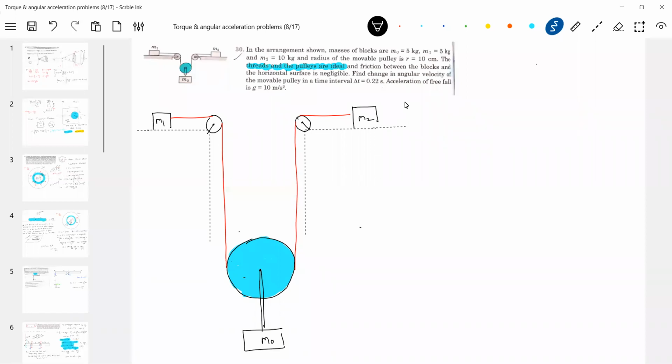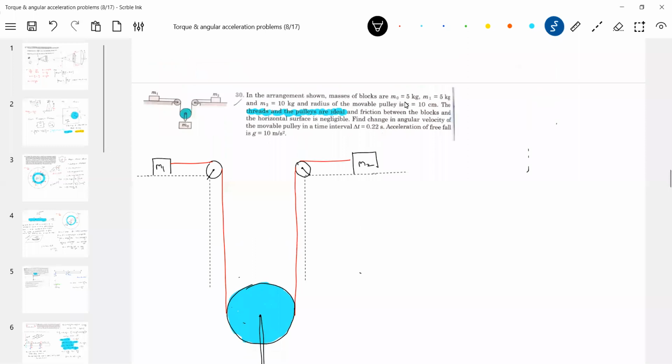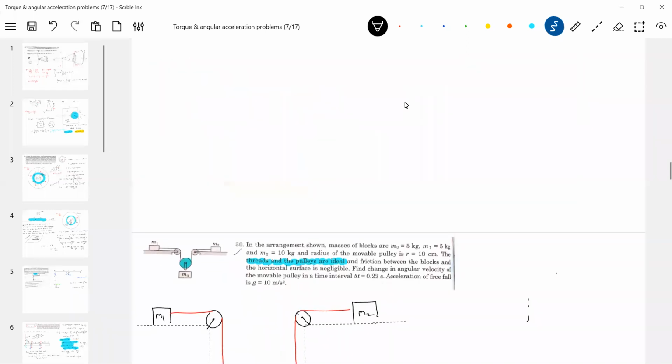Like if this is the pulley, I'll come back to the question. Now, if a pulley is there and we suspend it, I'll say this pulley is having a mass m. Then, what will happen to the tension?